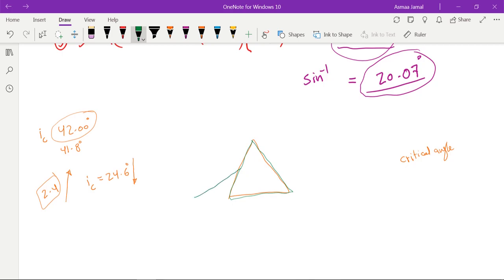If that's our incident ray enters that prism at an angle more than 42, let's say for example at an angle of 50 degrees, then when it wants to travel from the higher index of the prism to the lower index, which is air, since the incidence angle is more than the critical angle of the prism, the light here will be trapped and will not refract, but will reflect like that to cause total internal reflection.